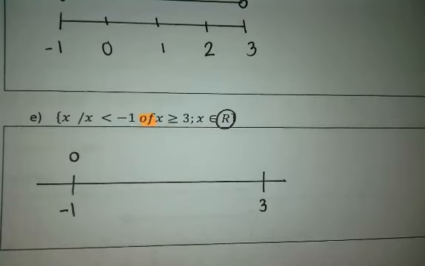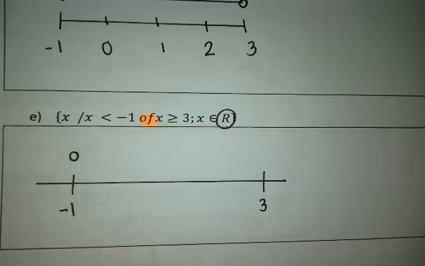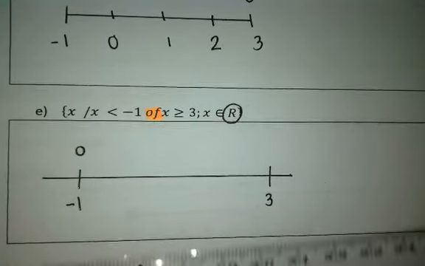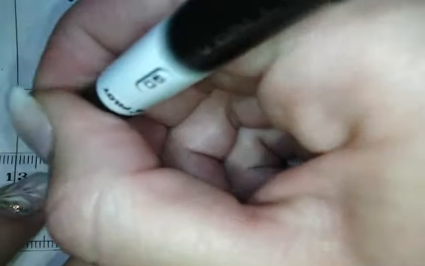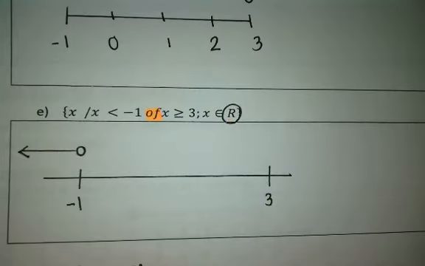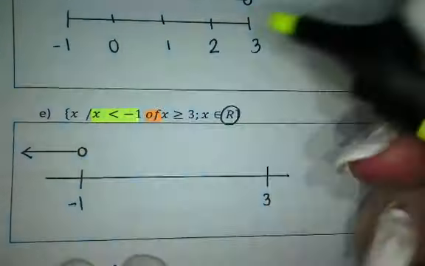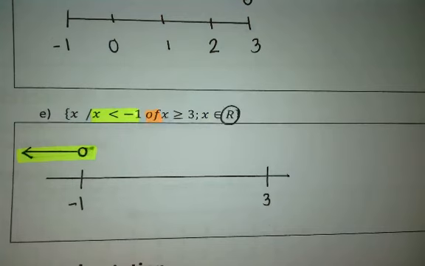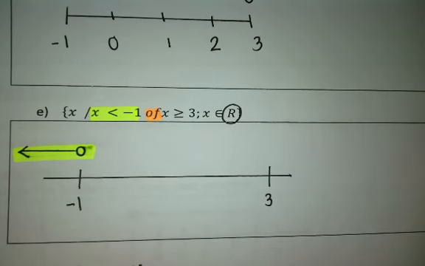So our arrow needs to go towards the negative side, because remember, the further along you move away from 0 on your number line, the smaller the numbers get. So if x is less than -1, it needs to go more towards the negative side. So that's the first half. Do you understand? Okay, so this piece over here is represented by that.